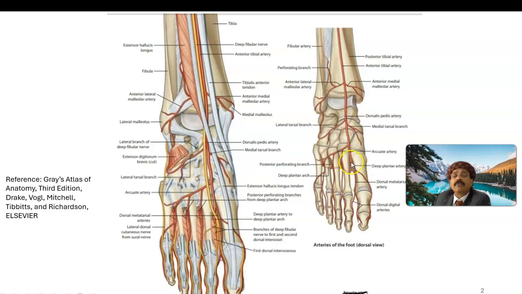The termination goes down as a perforating artery between the two heads of the dorsal interossei muscle here, and that goes to the plantar surface and unites with the lateral plantar artery to complete the plantar arch. Branches: we found the arcuate artery, the tarsal artery, the metatarsal artery and the digital branches.